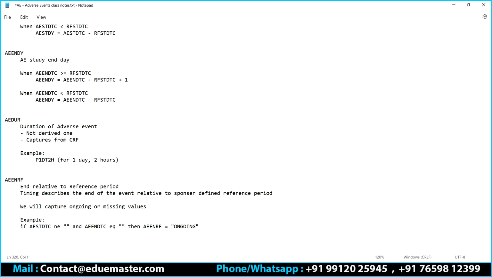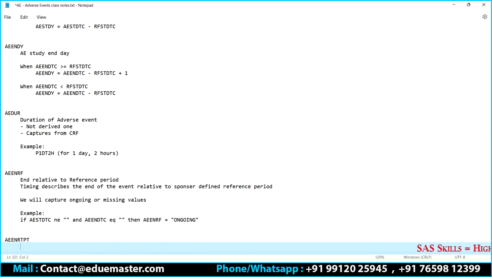The same one, right? This is nothing but the reference we talked about. For the same reference, what if I want to talk about the time point? That is the adverse event end reference time point. TPT stands for time point.